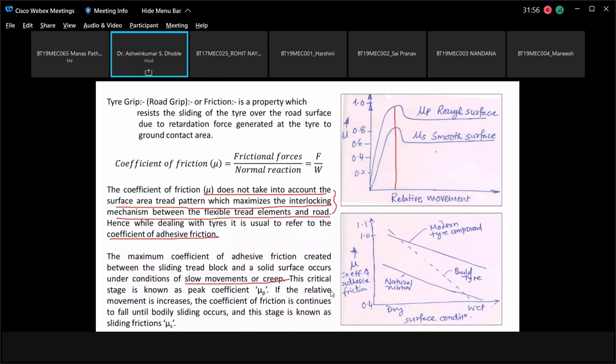Depending upon the tire tread, there are experiments which say that if you have a bald tire, meaning the treads are absent, you will find that it gives very good grip on the wet surface.